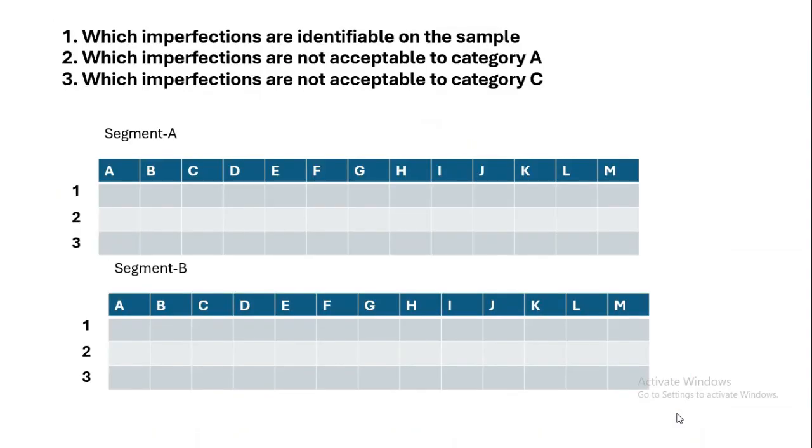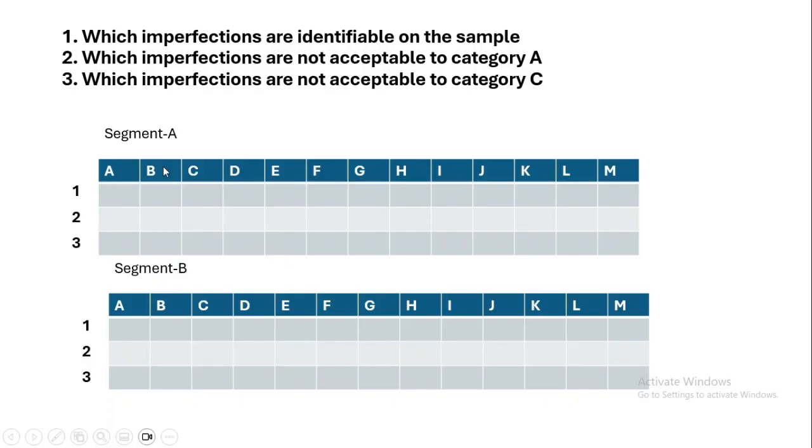Okay, and it is a rough sheet. You can see the same thing in the rough sheet, that defect marking rough sheet. First you have to identify the imperfection on the sample. That one you have to mention here.